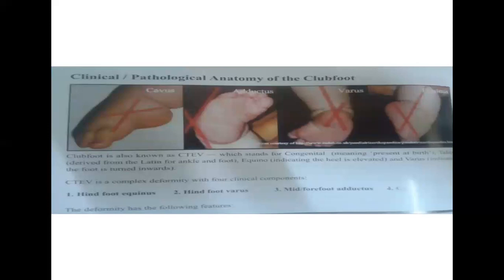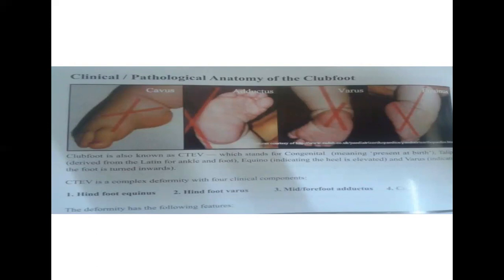Clinical pathological anatomy of the clubfoot: clubfoot is also known as CTEV, which stands for congenital, meaning present at birth, talus, derived from the Latin for ankle and foot, equino, indicating the heel is elevated, and varus, indicating the foot is turned inward. CTEV is a complex deformity with 4 clinical components: hindfoot equinus, hindfoot varus, mid-forefoot adductus.